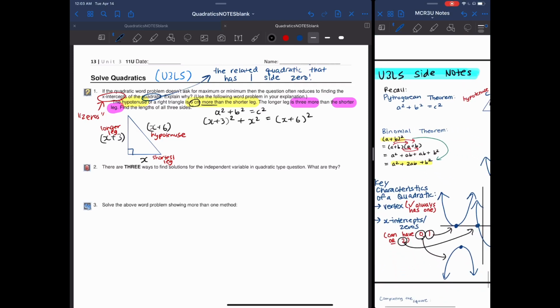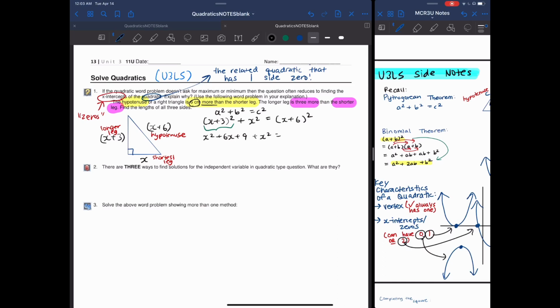I just wanted to put that on the side so you know where this is coming from. So I'm going to rewrite and FOIL out this step. It's basically (x plus 3) times (x plus 3), and when you FOIL it out and collect the like terms, you will get x squared plus 6x plus 9, based on the binomial theorem.